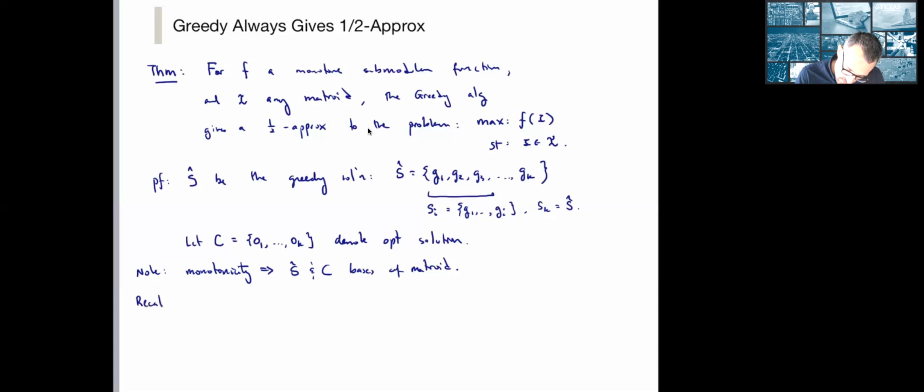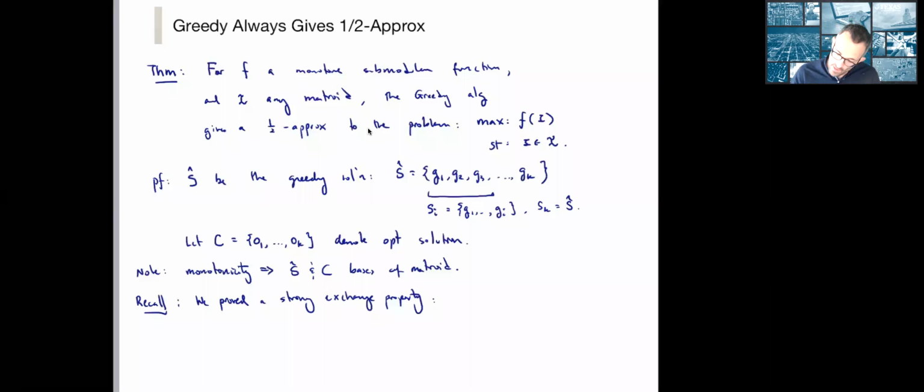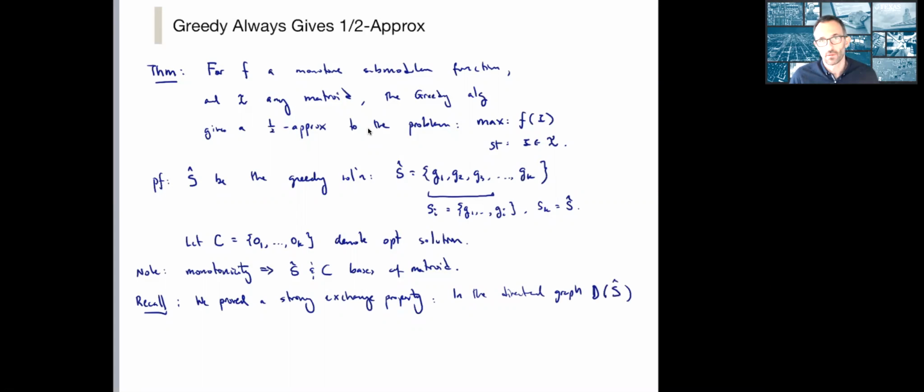So recall that we proved what I'll call a strong exchange property for bases, which says the following: in the directed graph D of S hat, we showed this for any independent set, there is a perfect matching on the symmetric difference between any two bases, and I'm going to apply it to the two bases S hat and C.